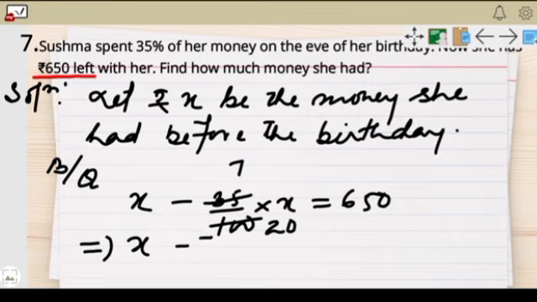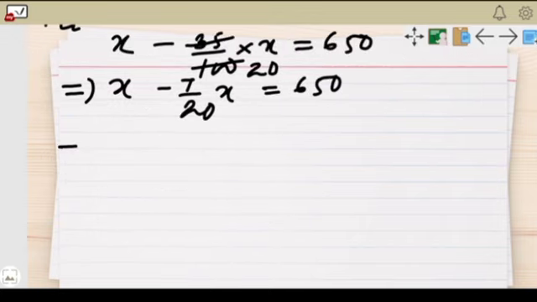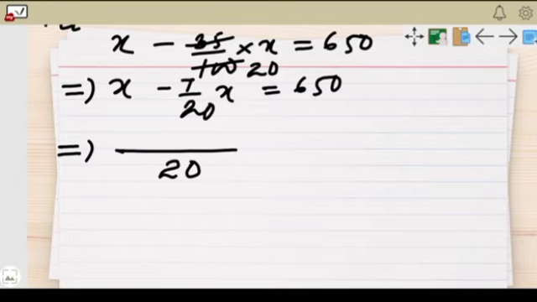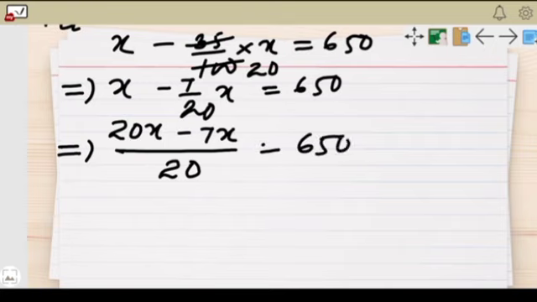So we have now 7 by 20 X equal to 650. Implies, now let us take the LCM. It will be definitely 20. So we'll have here now 20x minus 7x equal to 650.